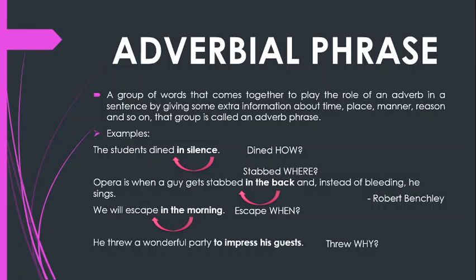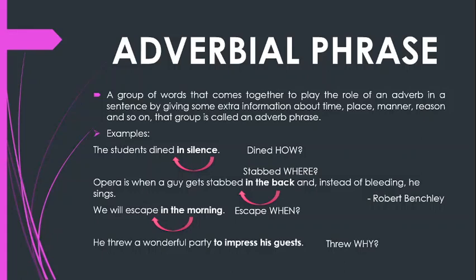So I will tell you to look for all the WH words except who, what, whom. Reserve the WH words who, what, whom to identify noun phrases, and use all the rest of the WH words like how, where, when, why, and question the verb. Whatever answer you get, those answers will definitely lead you to the adverbial phrase.